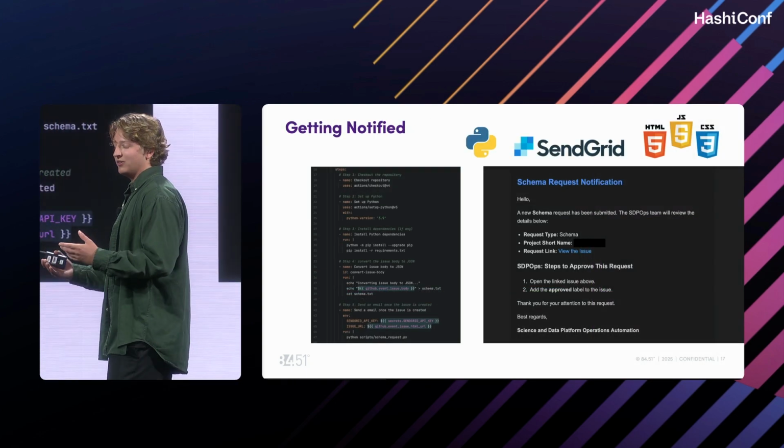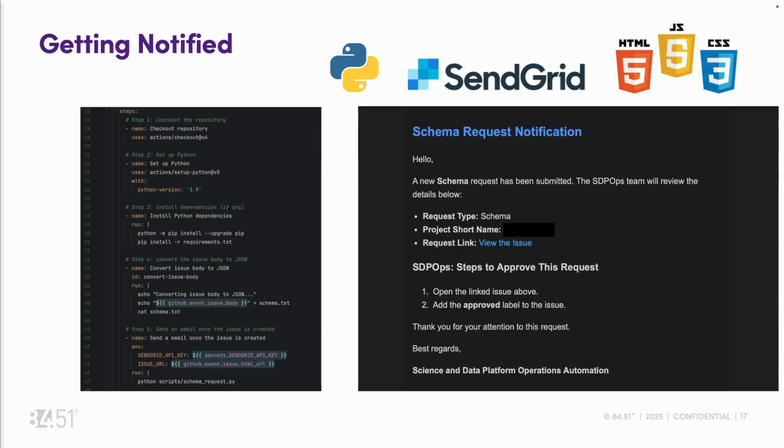Well, as I said in the past, we want our team to get notified. So here we leverage SendGrid to just send our team an email when someone opens up a request on our repository. So here, someone opened up a new schema request, and our team got sent this email through Python, saying, hey, someone wants a new schema, please go look at it.